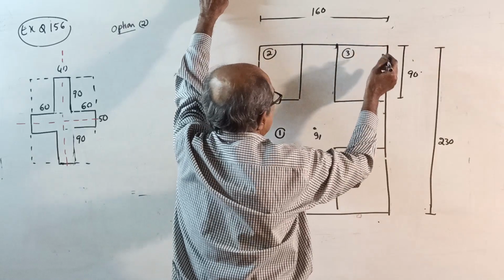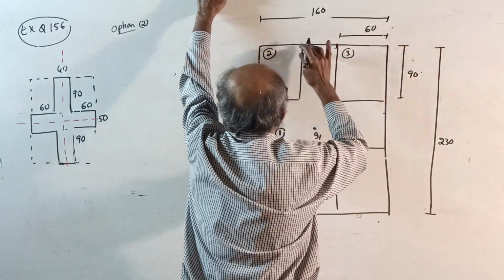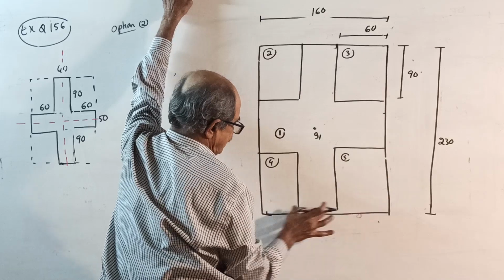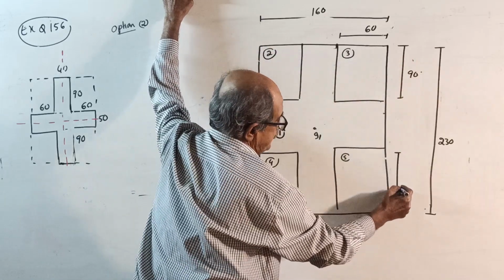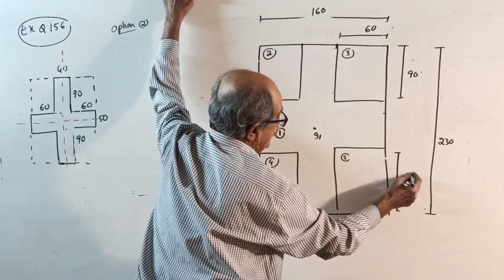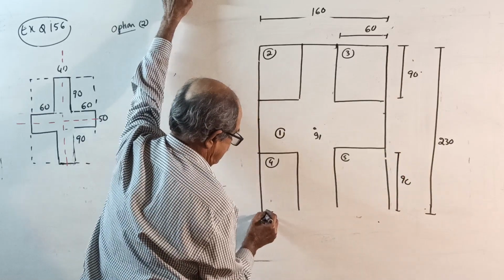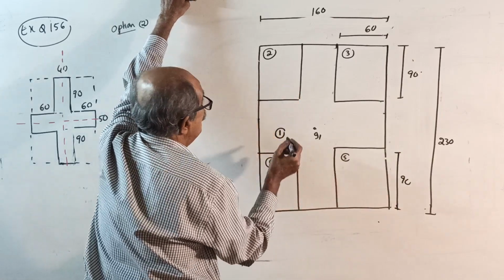I will put 60 by 90 here. All are the same: 60 here, 60 here, 60 here, 60 here, and 90 here, 90 here. This also 90, a little out of scale.